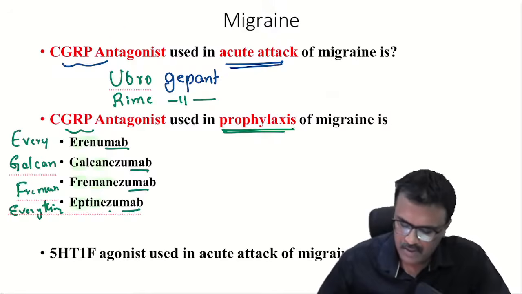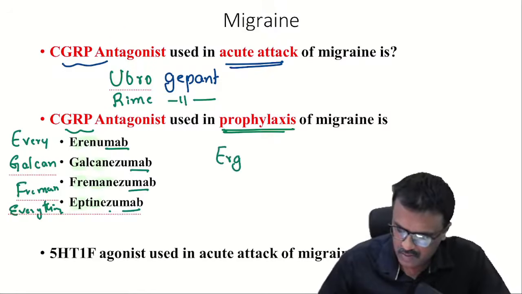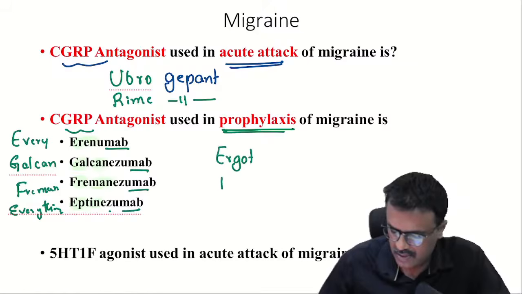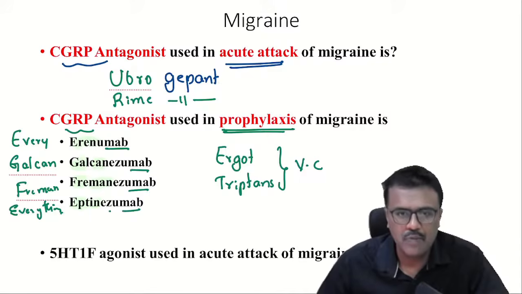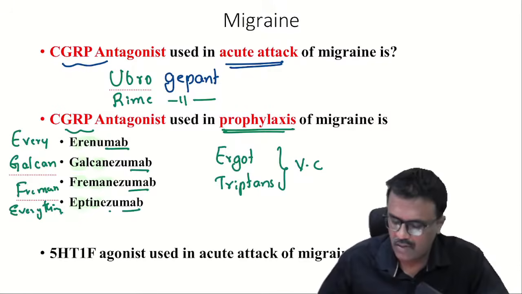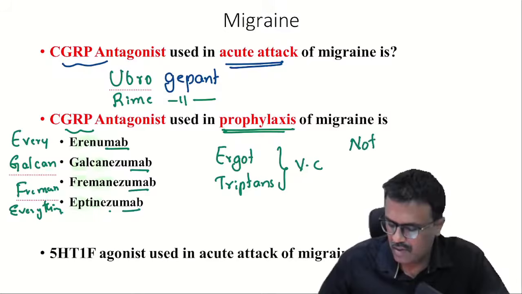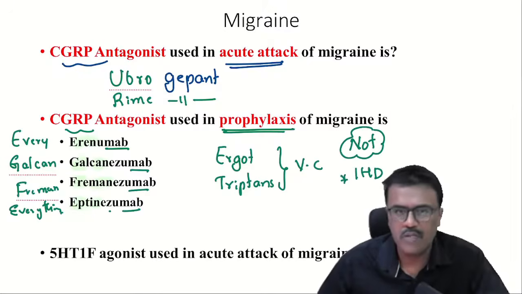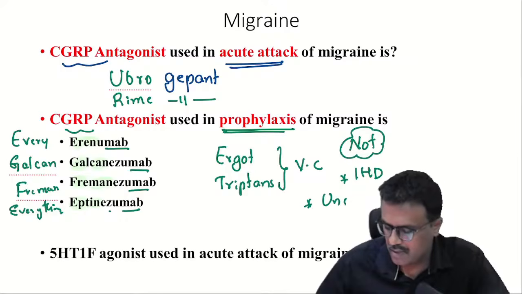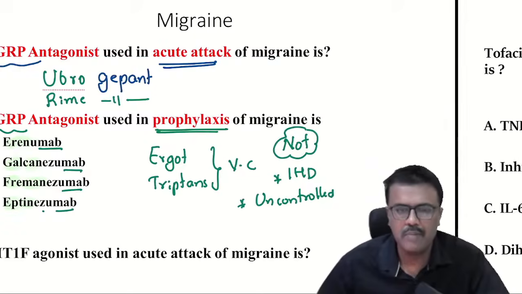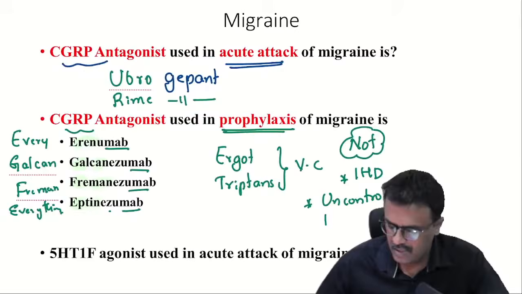Now please understand the problem with ergot as well as triptan is they both are vasoconstrictors. So which patient can I not give? They are not used in a patient with ischemic heart disease where the blood flow is already low. And also I cannot give if a patient's BP is not controlled, that is uncontrolled hypertension. Controlled hypertension you can give, but if the BP is not controlled, then I cannot give.